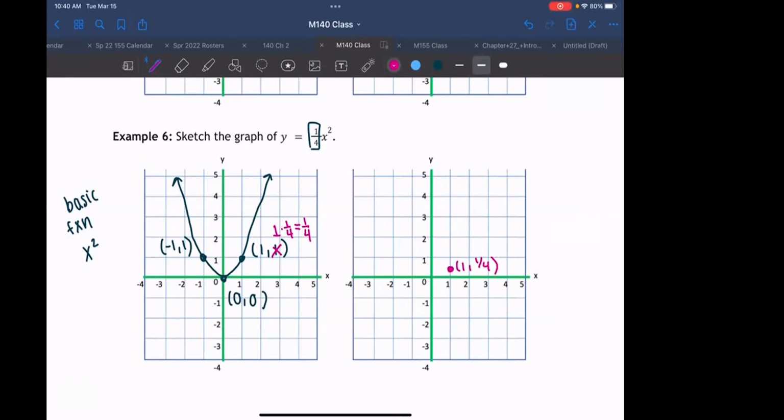Now it looks kind of strange on this graph because this is not scaled really well, but I'd say 1/4 kind of looks like it's around here. Okay, we can replace the y coordinate of 0, 0 by that y coordinate times 1/4, which is... oh, no, sorry, it's 0. There you go. So 0, 0 is our new coordinate. Okay.